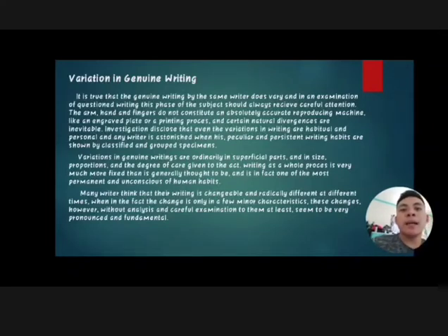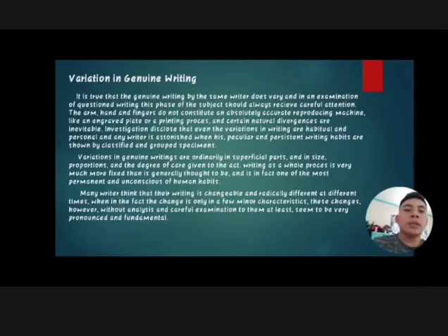The arm, hand, and finger do not constitute an absolutely accurate reproducing machine, like an engraved plate or a printing process. Certain natural divergence and inevitable investigation disclose that even the variations in writing are habitual and personal in any writer.